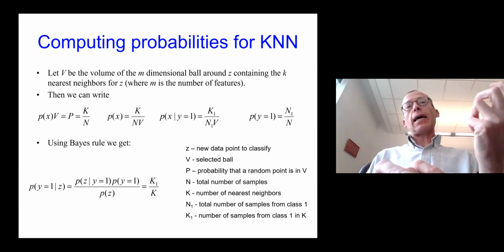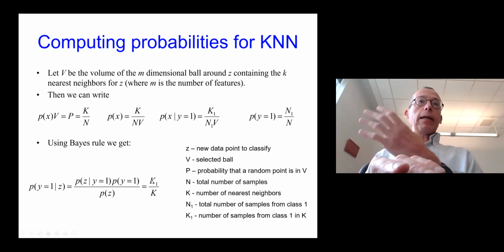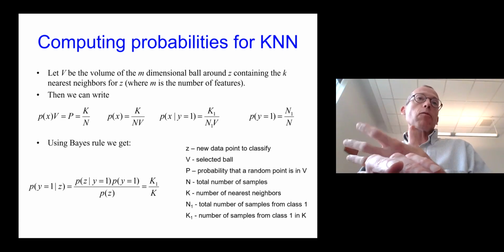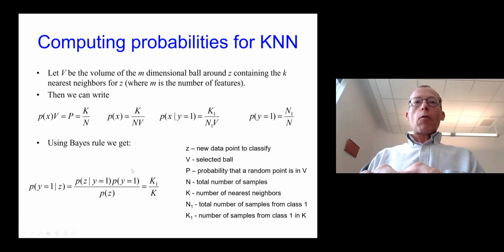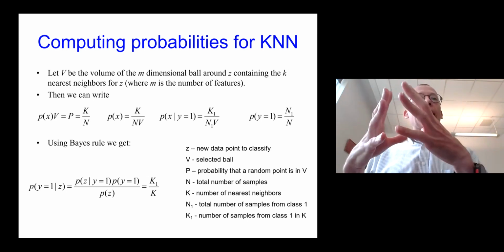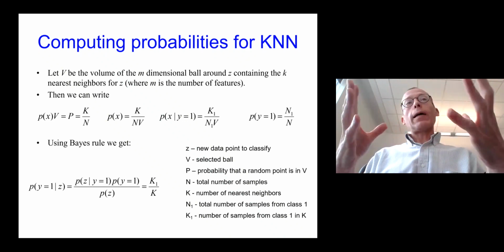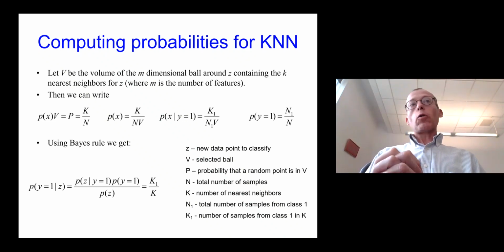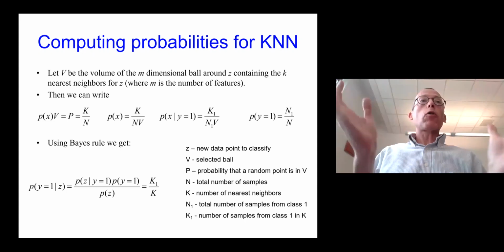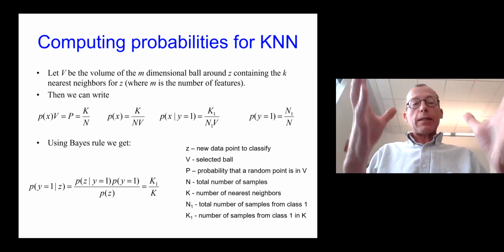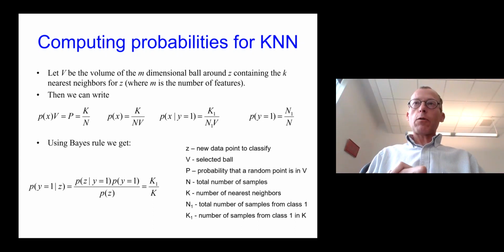In that case, if there are more samples from class 1 within the k nearest neighbors, we'll select class 1. If there are more samples from class 2, we'll select class 2. So this is a way to show that KNN, at least to some extent, attempts to approximate the Bayes decision rule, of course with very specific assumptions about local probabilities. We usually did not define local probabilities, but in this case, we do.